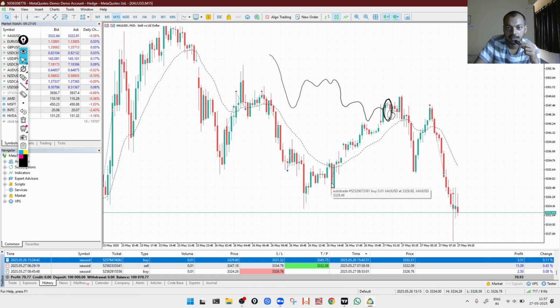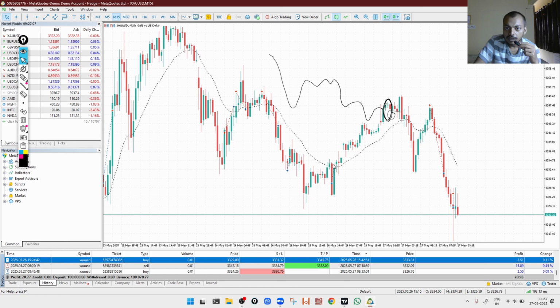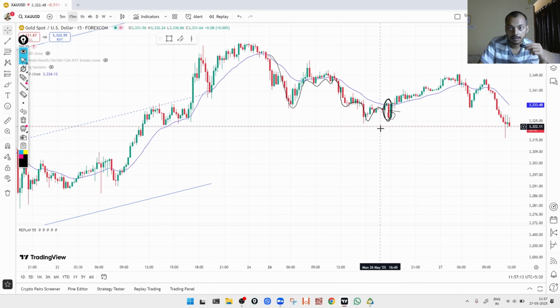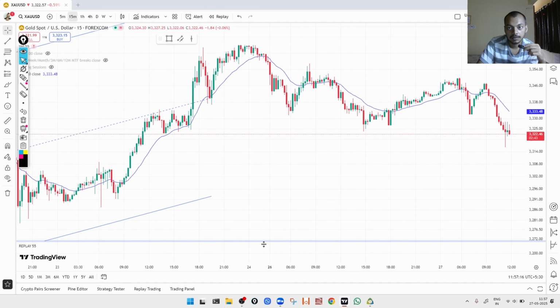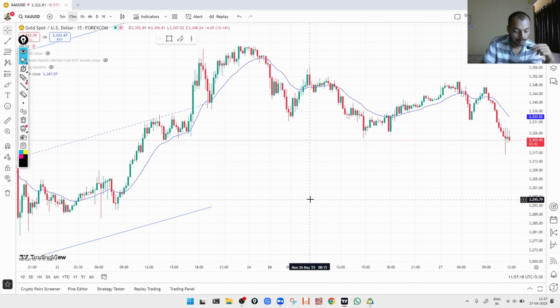So remember this candle. I was thinking of going long here itself, somewhere here. Let me again remove the drawings. Now when the price swiftly came down, I entered at this level.